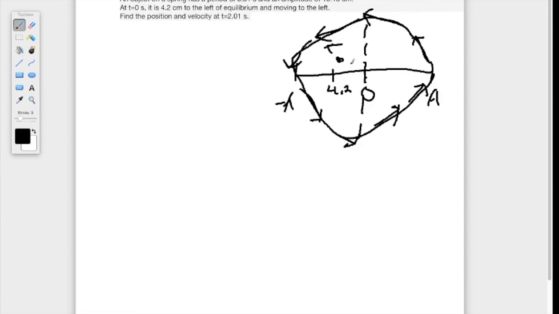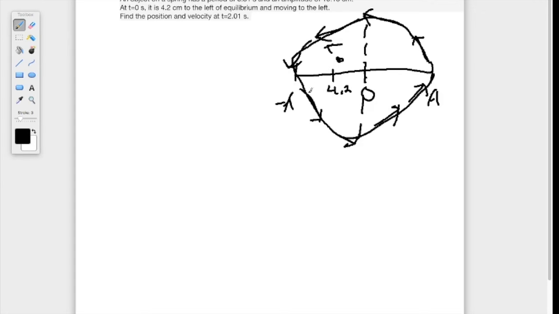So the way to figure out where it is, basically you have to look at its speed. So the tangential speed right here is moving to the left. So we have to look for if quadrant 2 or quadrant 3 looks like it has the tangential speed on its edge that's moving to the left.